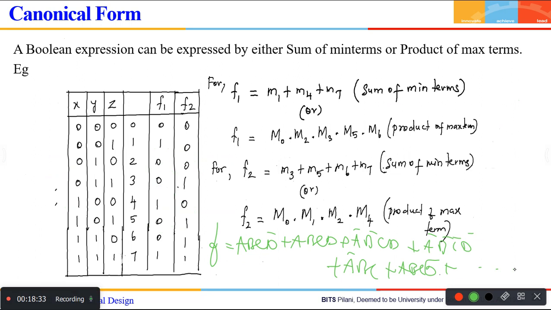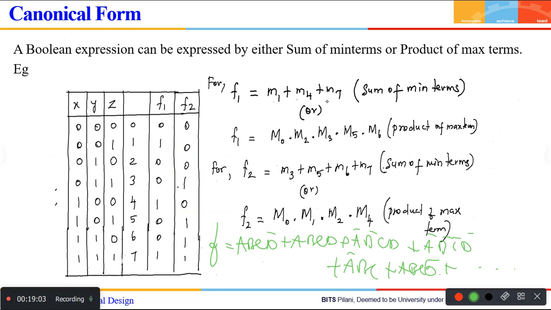I have a big equation. See, it takes a lot of time, or you have to remember this. Instead of that, you just write the min terms. That's enough.